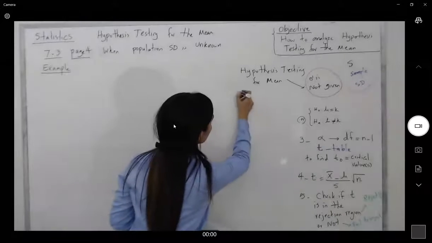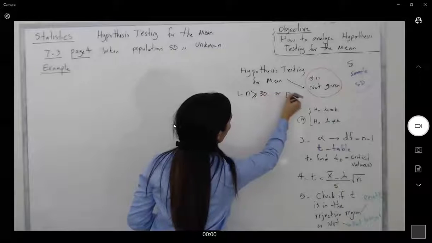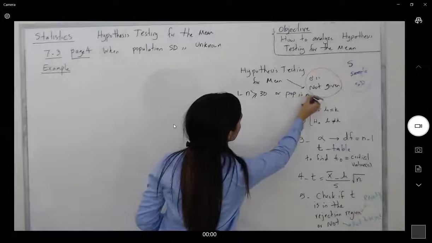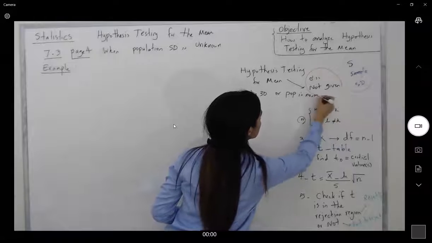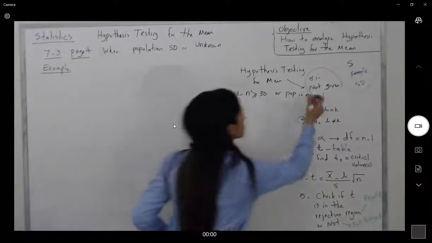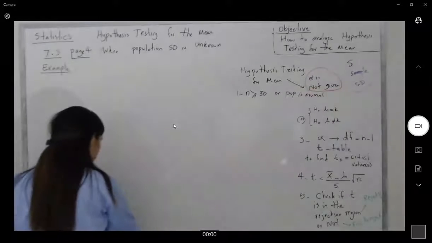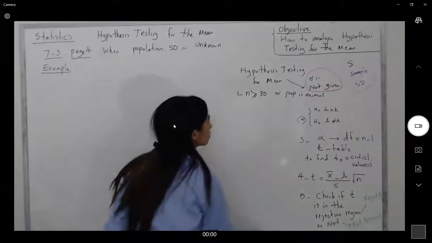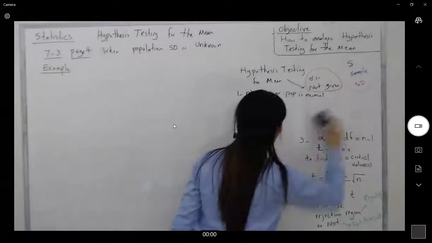Okay. So let's write down the first step: n is greater than or equal to 30 or the population is normal. And the second step is to identify the type of hypothesis that we have.